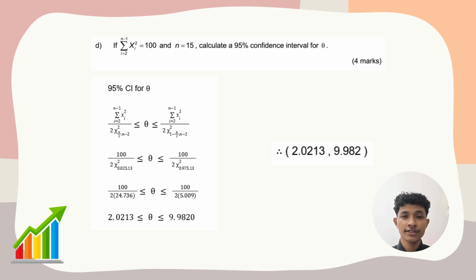We substitute these values into the confidence interval formula. Then, for the lower bound, 100 divided by 2 times 24.736 is equal to 2.0213. For the upper bound, 100 divided by 2 times 5.009 is equal to 9.9820. Therefore, we are 95% confident to conclude that theta is in between 2.0213 and 9.9820.